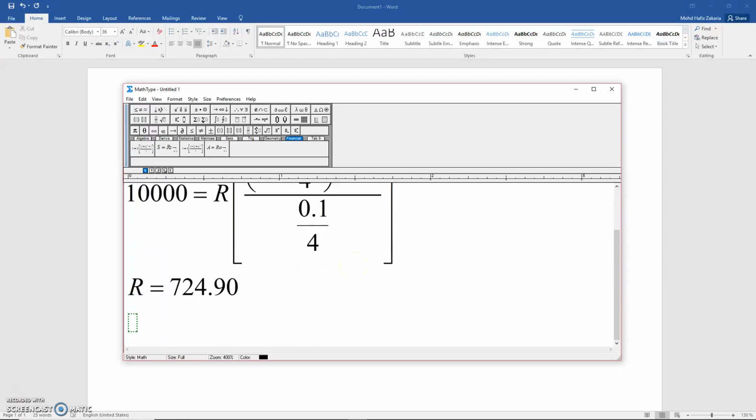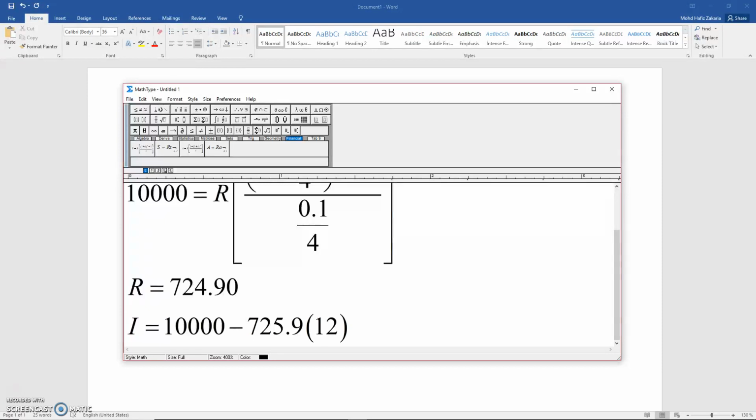Okay, so the next question is find the interest earned. So basically we know that to find the interest, we take the total value, 10,000, and subtract the amount that we actually invest. So we invest 724.90 times 12.